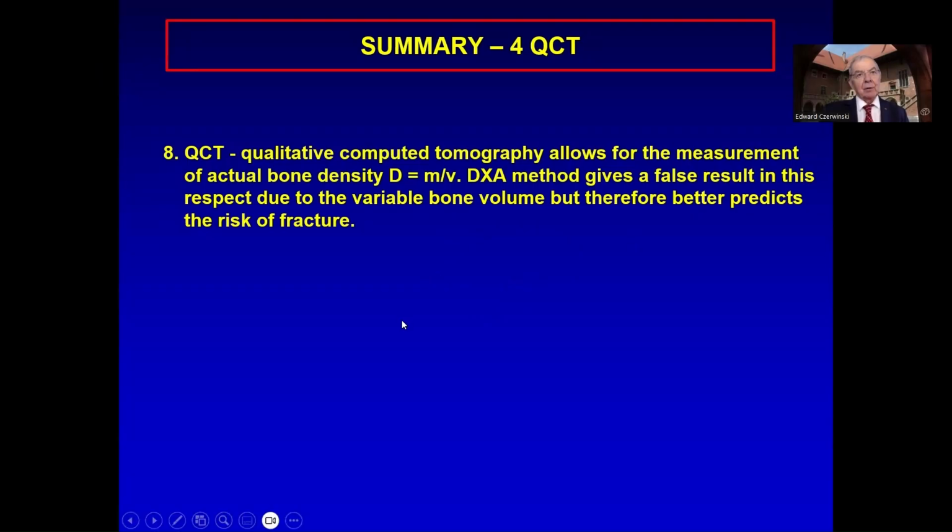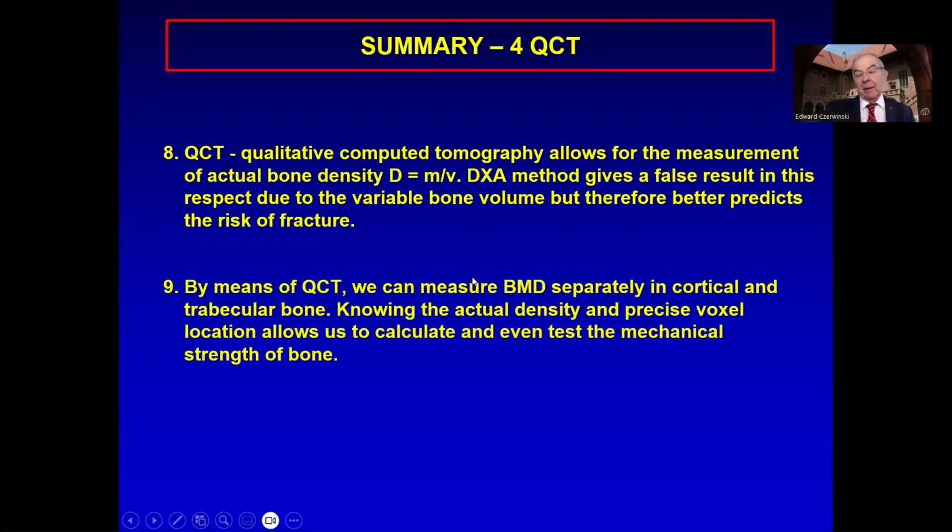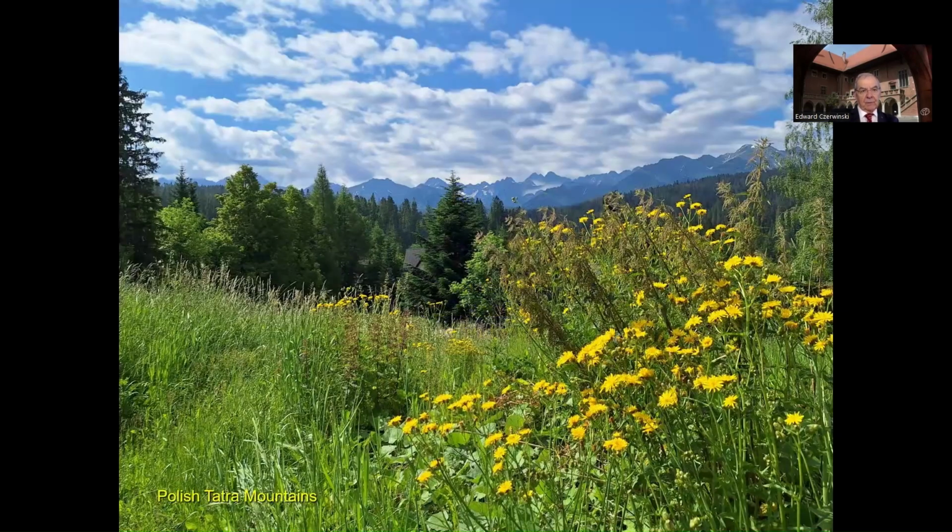Quantitative tomography also measures cortical bone and trabecular bone separately, and knowing the mass of each voxel, its diameter and architecture, we can calculate bone resistance to fracture. And using high resolution peripheral QCT with a very high resolution, 0.1 millimeter, we can even measure the true bone trabecula and its structure. So this is great progress.